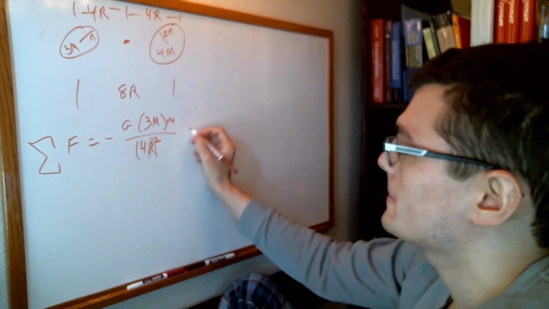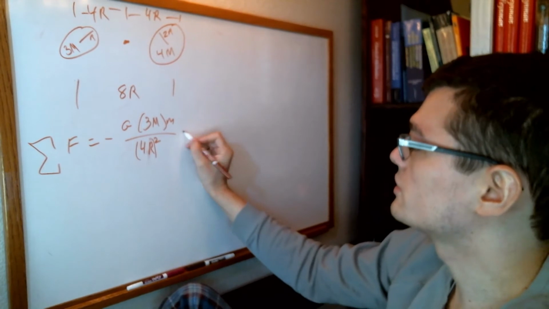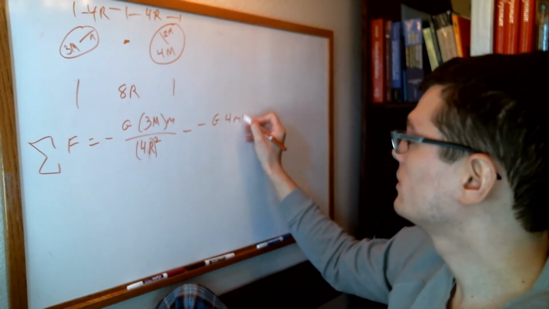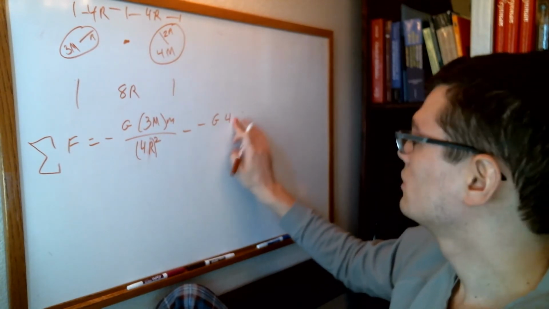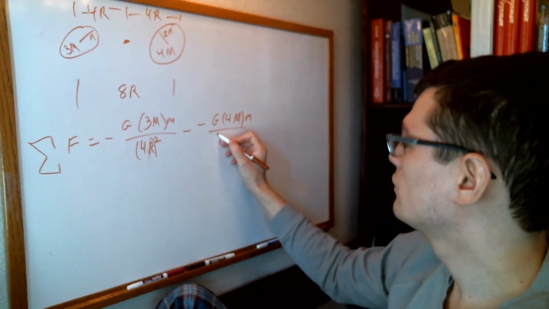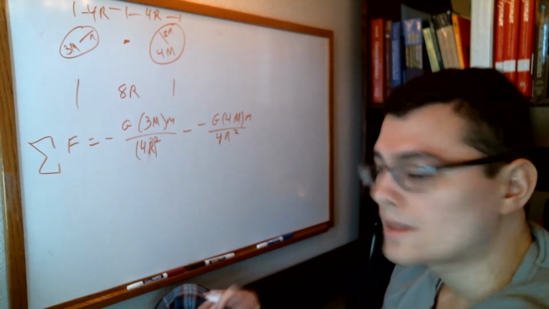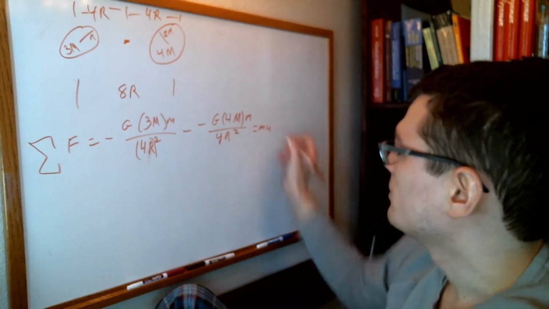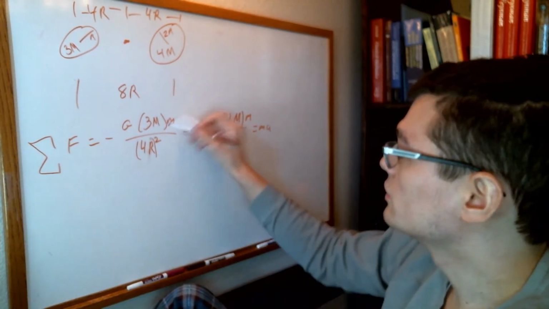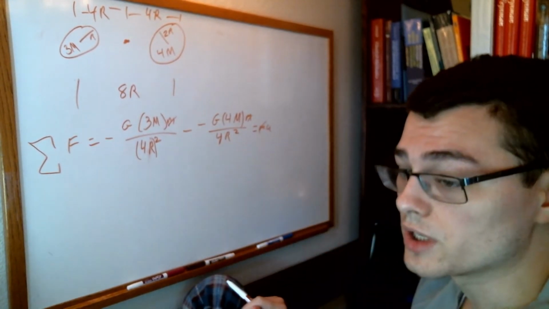And then on this side, since this is on the other side, we have minus G, and then we have 4m, little m, over 4r squared. And remember that all of this is equal to little m a. So it's asking for the acceleration. One thing we can immediately do is get rid of all the m's. Makes the problem a little bit easier. And so then this is what a is going to be equal to.